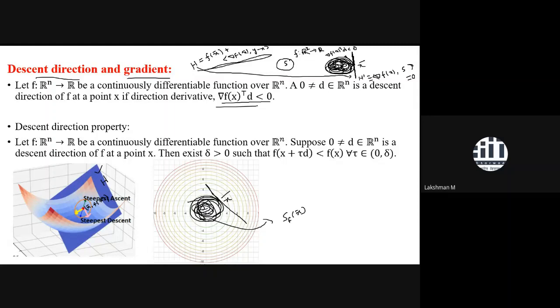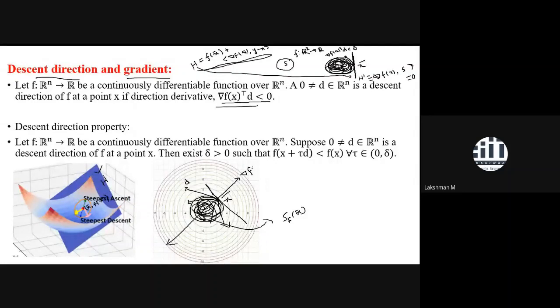All these directions are descent directions. And if I ask what the steepest descent direction is, if you are taking the 2-norm, then this is the steepest descent direction. That means this one is the negative of the gradient. Suppose this one is the gradient.